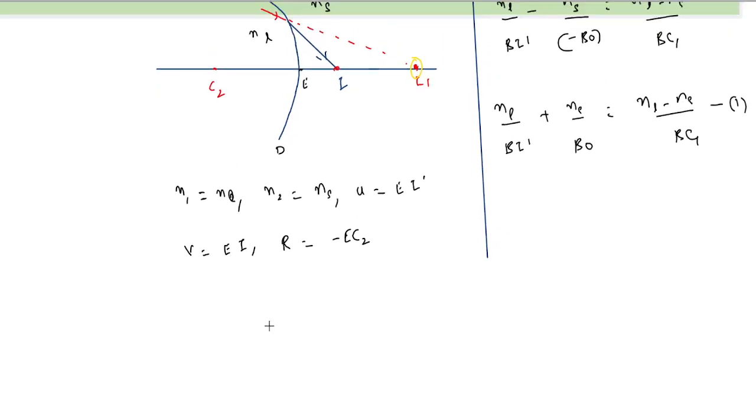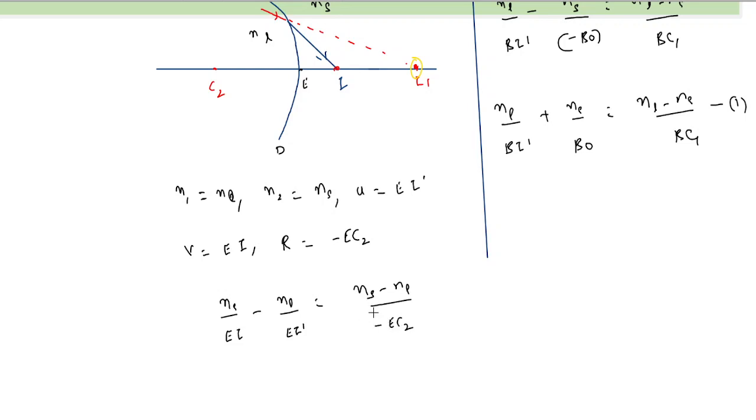Putting it back in the formula, n2, which is in this case ns by v, which is EI, minus n1, here nl for lens, by u, which is EI dash, is equal to ns minus nl by R, which is minus EC2.